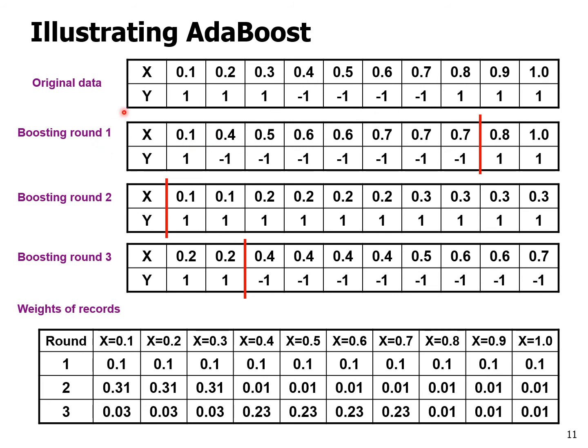Again in AdaBoost, in the beginning, each data has the same weight value. So in round one, each data has the same probability of being selected. As a result, in round one, let's say we have this sample like this.